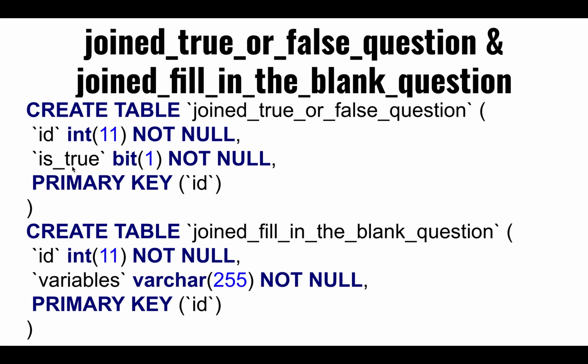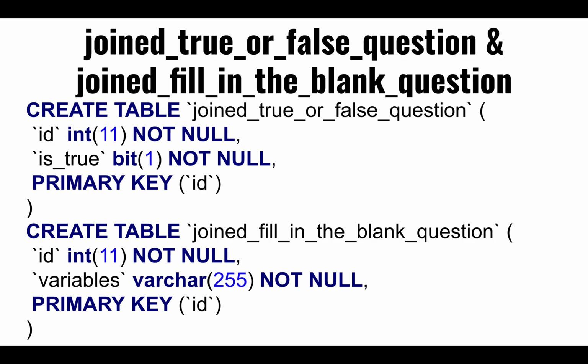But the other two are going to have individual fields that keep track of the fields for the true or false or the fill in the blanks. For fill in the blanks, we have the variable varchar, and for the true false, we have an isTrue.